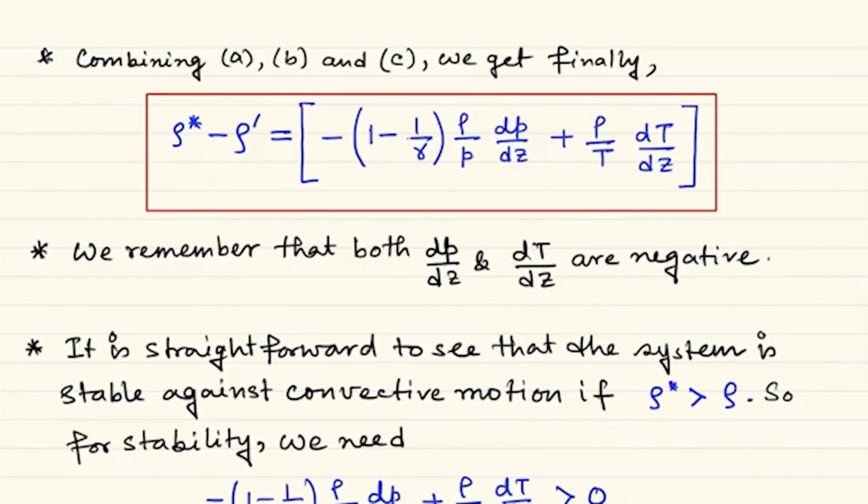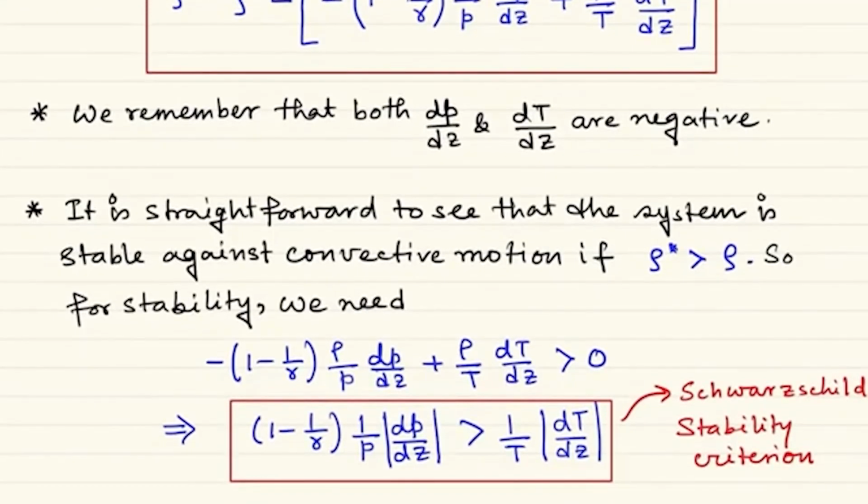Whereas if rho star is less than rho prime, the upward vertical displacement will be supported somehow, and it will go farther and farther upward. So the system is stable against convective motion if rho star is greater than rho prime.